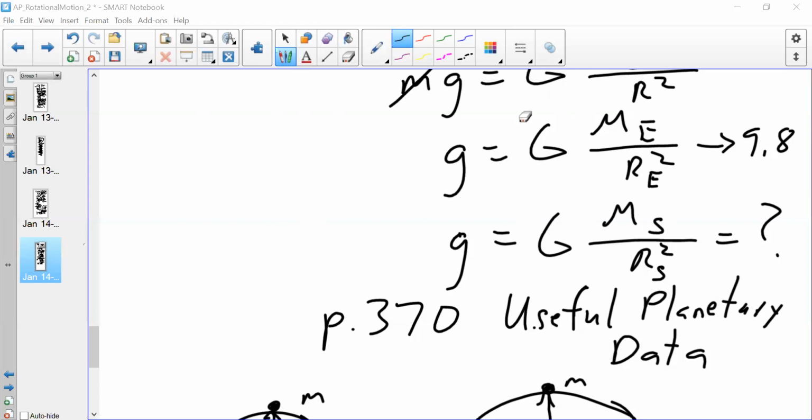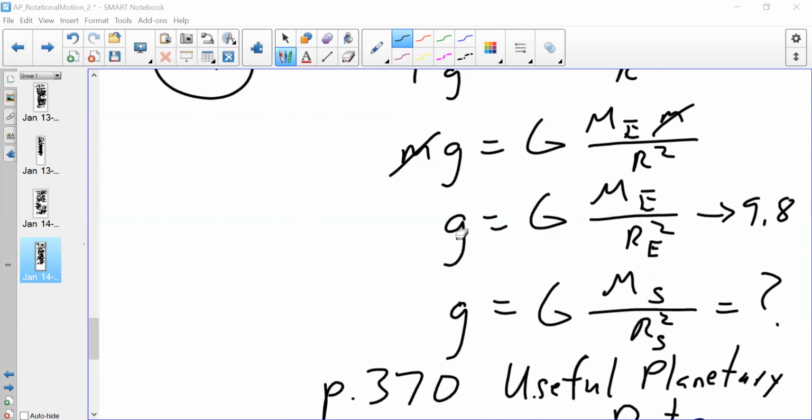Okay, what we're doing here is we're calculating. We want to verify that using this expression, we can get Earth's gravity of 9.8 meters per second squared. And then we want to use the same relationship to get the gravity on Saturn. What we did here is we had a mass falling towards Earth.